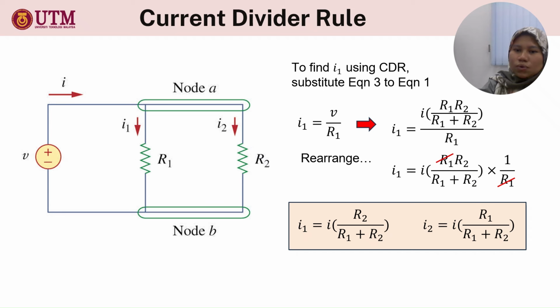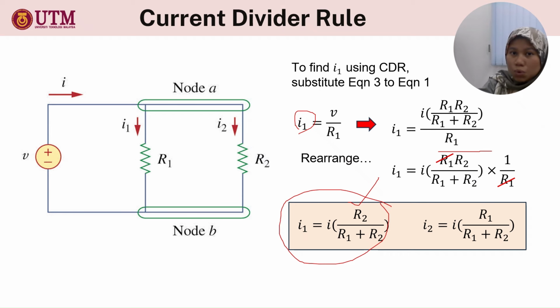After that we can get this equation, and we rearrange everything, and lastly we get this equation. Look, this is Req divided by R1 because we want to find the value of I1. This is the simplified version.